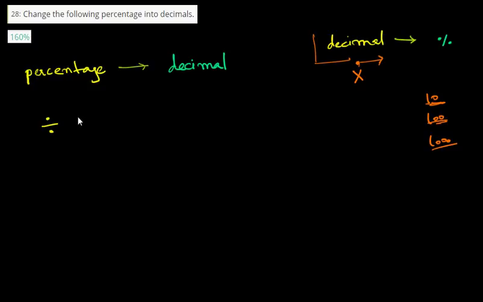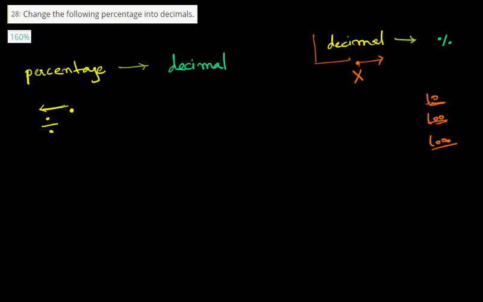And if the decimal point was moving towards the right when it was being multiplied, the decimal point is going to move towards the left now that we are doing the opposite. What remains the same though is the number of spaces that the decimal point is going to move. So if we divide it by 100, the decimal point is going to move 2 places, but it's now going to move in the left direction.